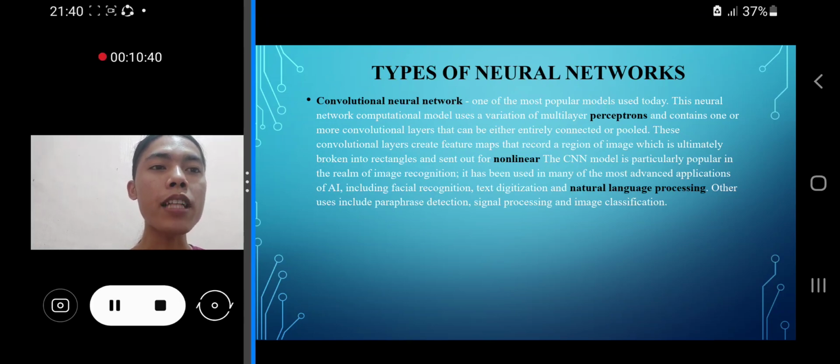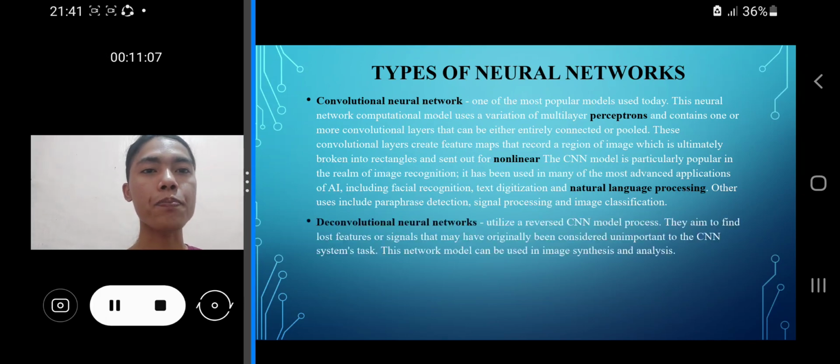The CNN model is particularly popular in the realm of image recognition. It has been used in many of the most advanced applications of AI, including facial recognition, text digitization, and natural language processing. Other uses include paraphrase detection, signal processing, and image classification.